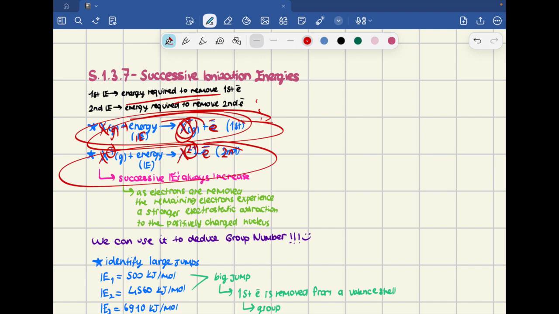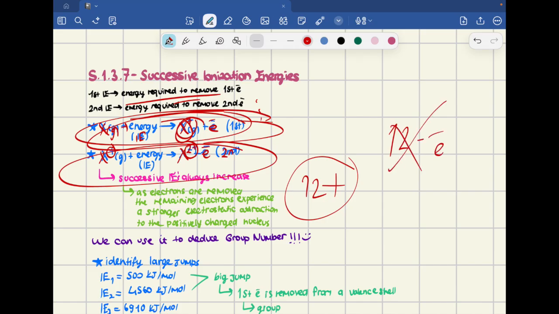Okay, but these successive ionization energies always increase because as we remove electrons, the remaining electrons experience a stronger electrostatic attraction to the positively charged nucleus. So let's say that it has a plus 12 charge, and normally a neutral atom would also have a minus 12 charge from its electrons, right?